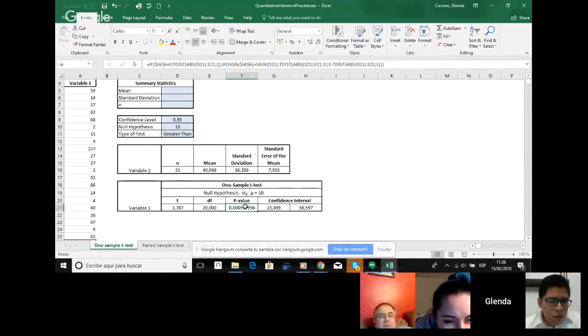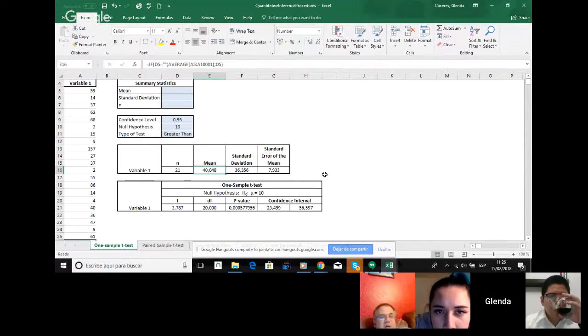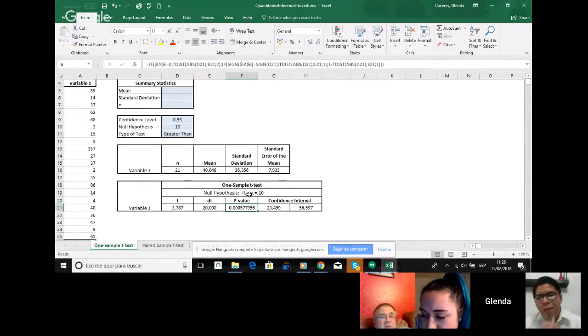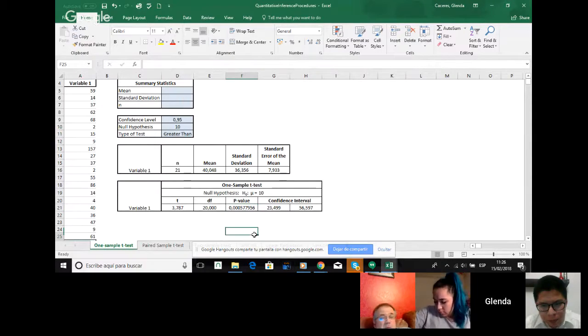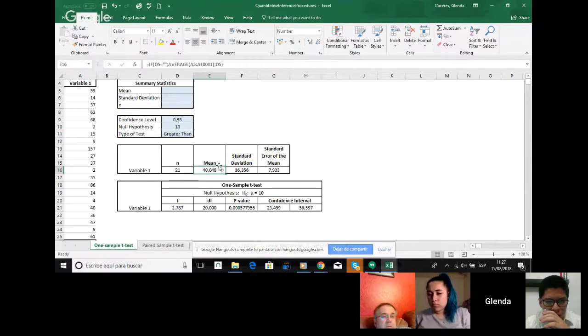All right. Well, the problem being here, because over here under the little chart right above variable 1, confidence level, null hypothesis, and type of test, we don't have the information to put in there.